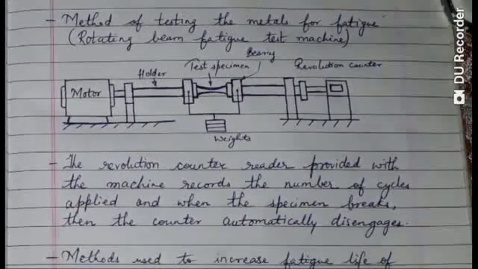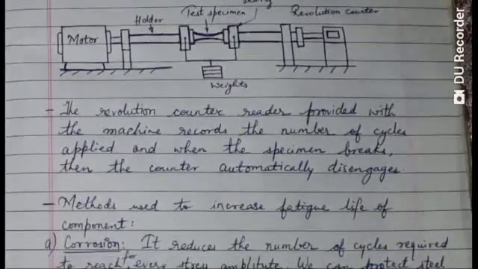The revolution counter provided with the machine records the number of cycles applied, and when the specimen breaks, the counter automatically disengages. So it counts the number of rotations or revolutions of the test specimen before it breaks.